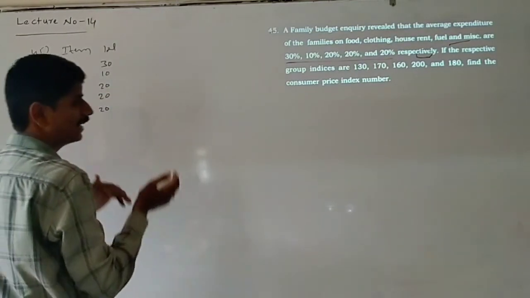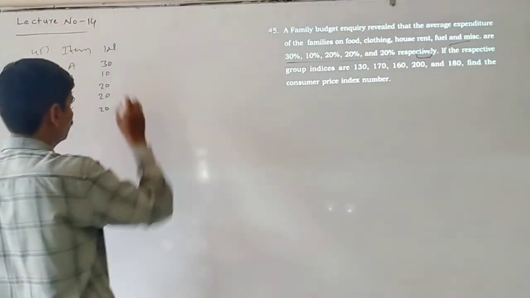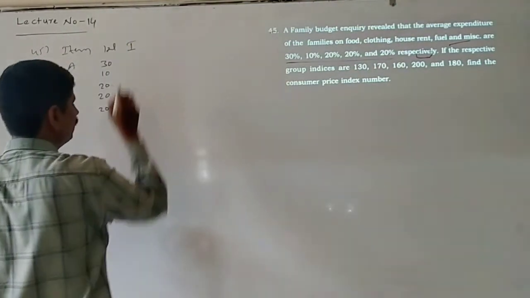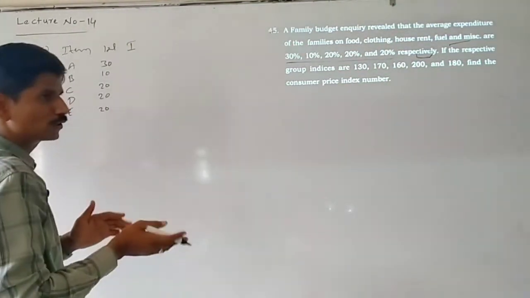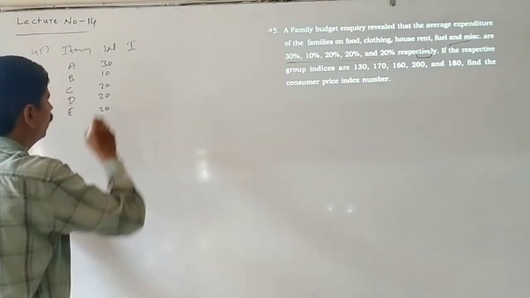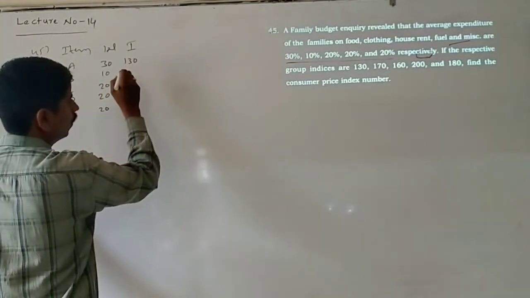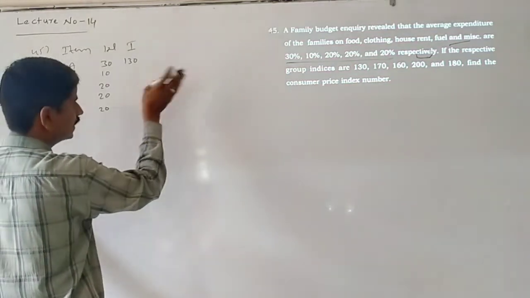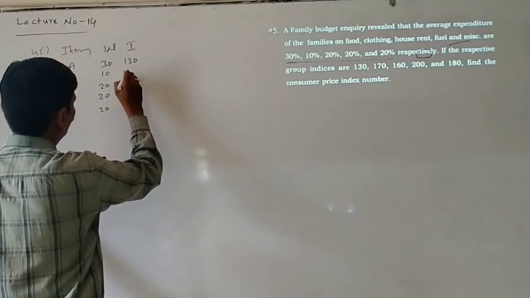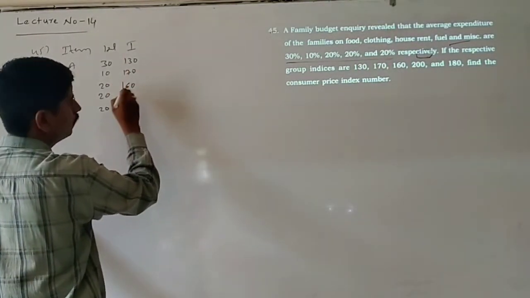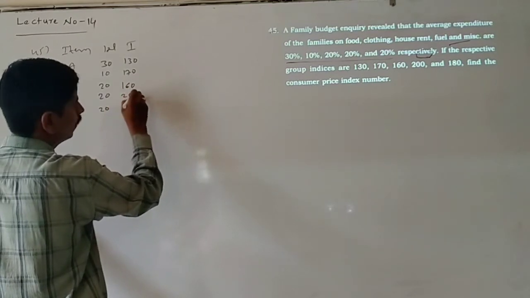The respective group indices are denoted by I: 130, 170, 160, 200 and 180.